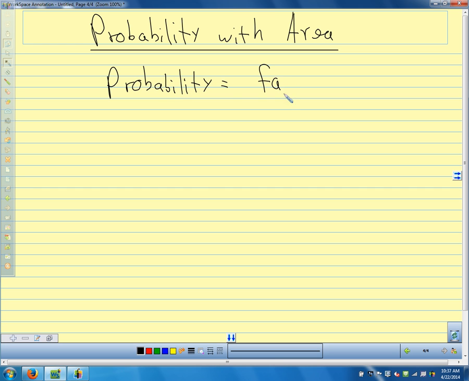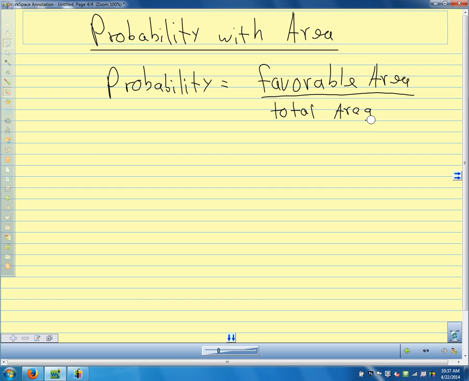is the favorable area divided by the total area. So the favorable area is the area of the thing that we're interested in, and the total area is going to be the area of the entire thing, the entire shape, the entire target, whatever we're talking about.